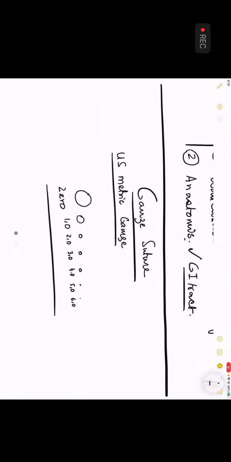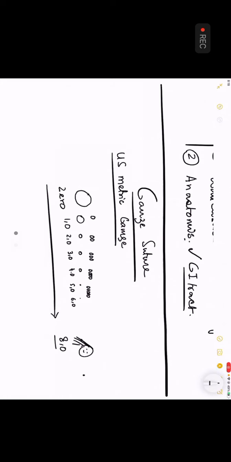What is happening in this? If the number of zeros increases, the suture becomes narrower. It is a finer suture. If you consider human hair, it is 8-0.